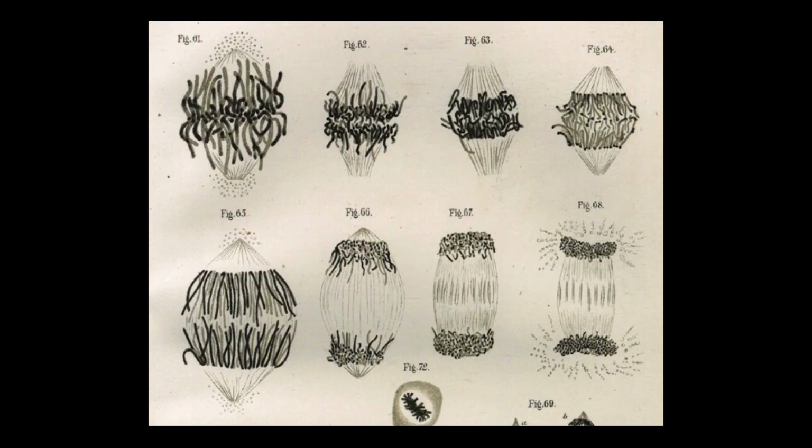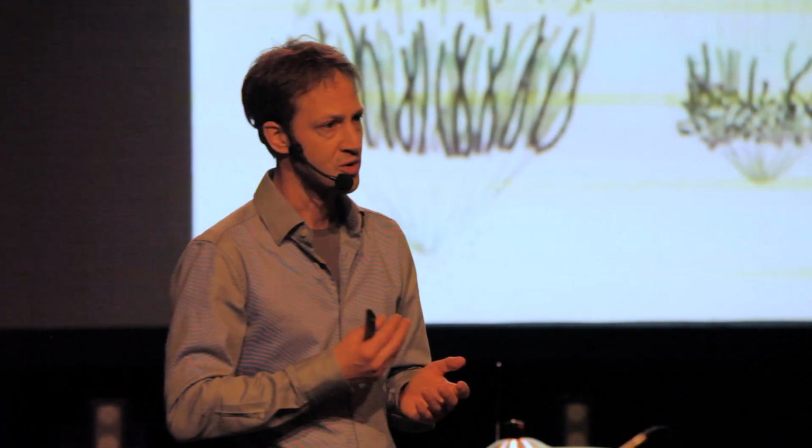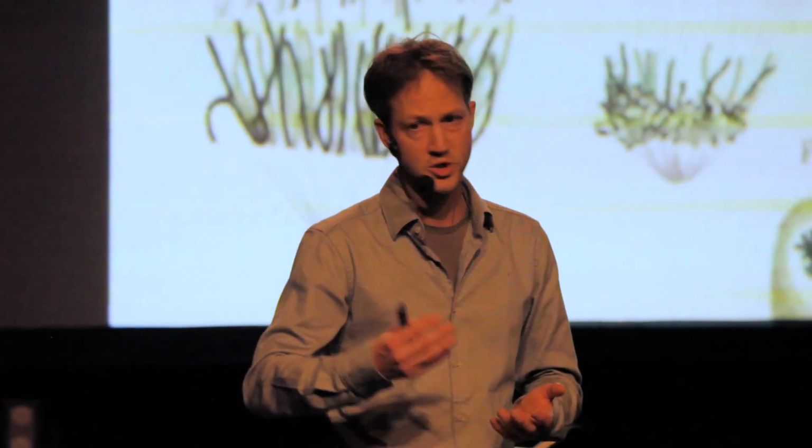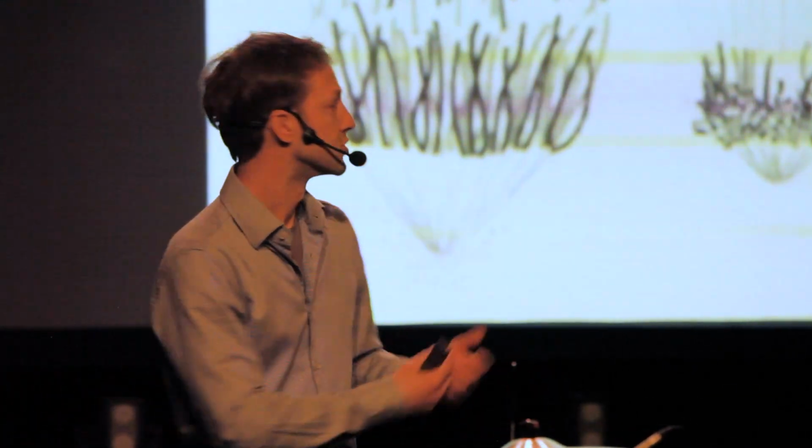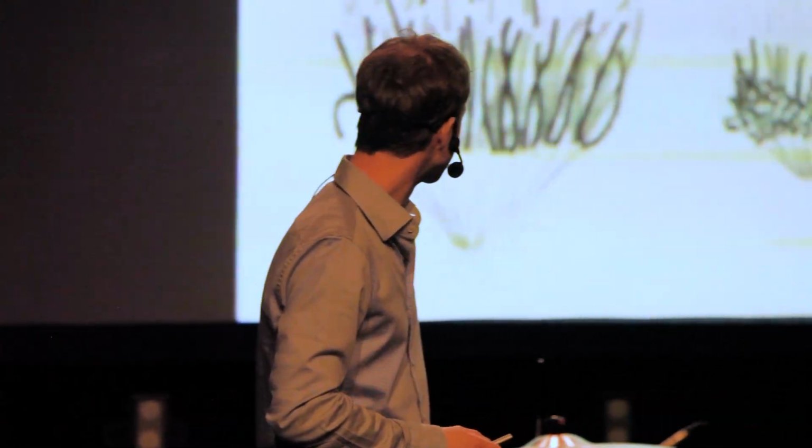Those are chromosomes. A biologist, Walther Flemming, described this process in great detail and called it mitosis. It comes from the Greek word mitos, which means thread, hence mitosis, the process of cell division where you split the thread-like structures between the two daughter cells.